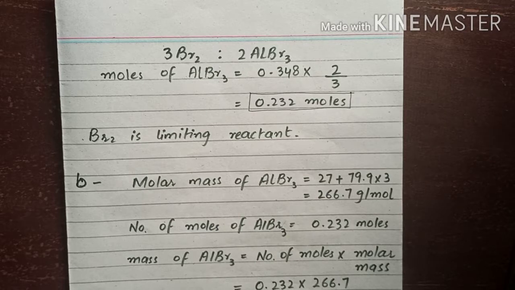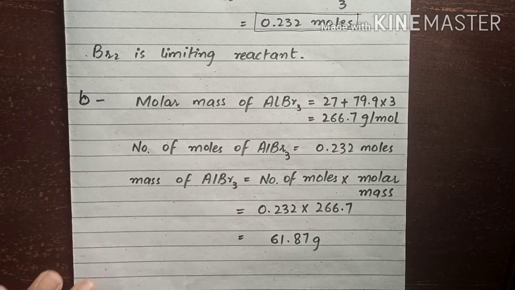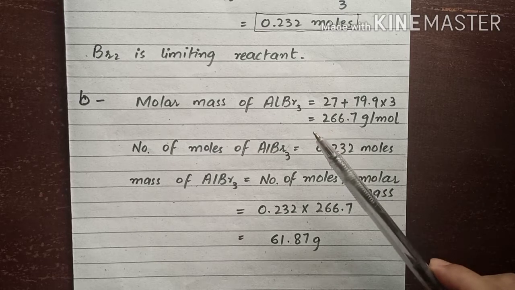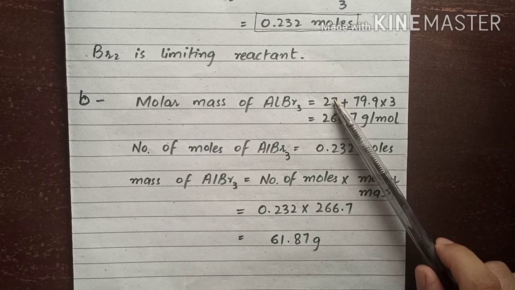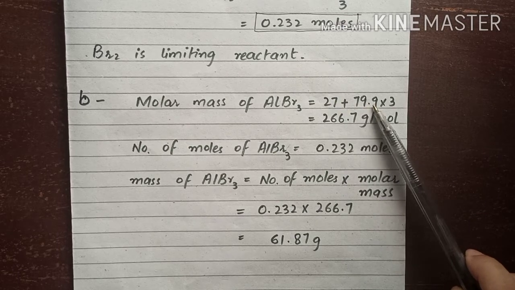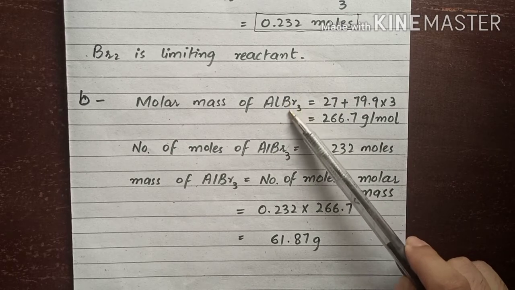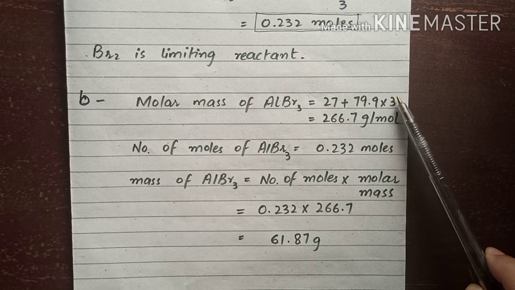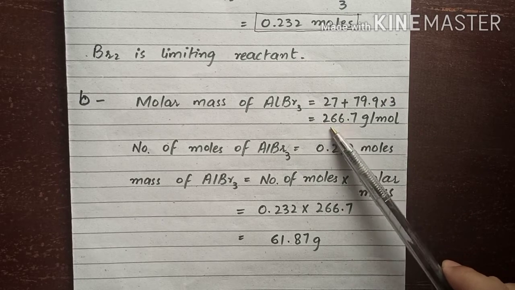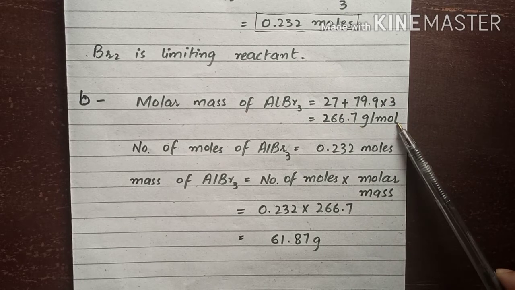Moving on to the second part, to calculate the mass of aluminium bromide. The mass can be calculated by applying the formula. Before applying the formula, we are going to calculate the molar mass of aluminium bromide, which is 27 for aluminium and 79.9 for bromine, and as you can see there are 3 bromine atoms, so multiplying it by 3 we get 266.7 grams per mole.